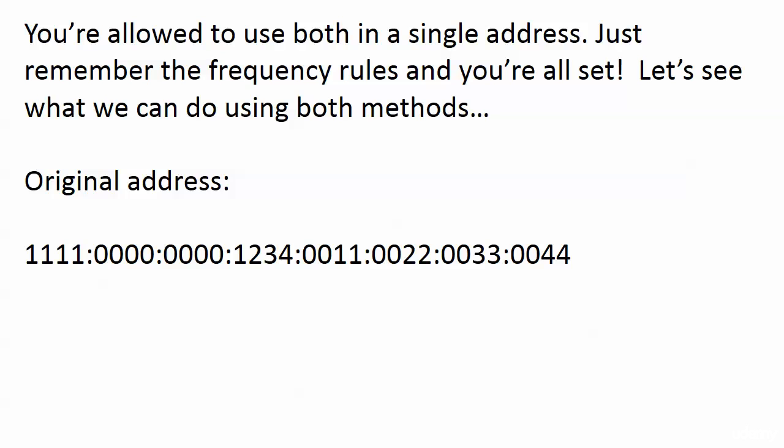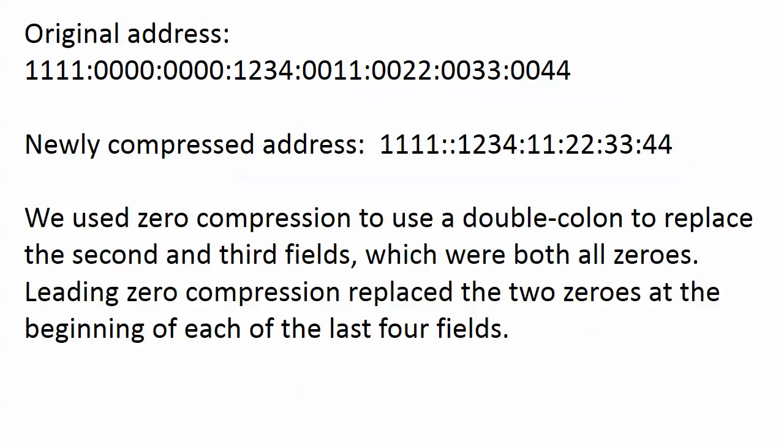It is not a law of IPv6 that you have to use as much zero compression and leading zero compression as you can. Now, in the real world, you're usually going to do that, but for exam purposes, keep that in mind because there are several legal ways of expressing any IPv6 address that has at least 1 zero in it. So you just got to get used to that. So again, let's walk through that one.